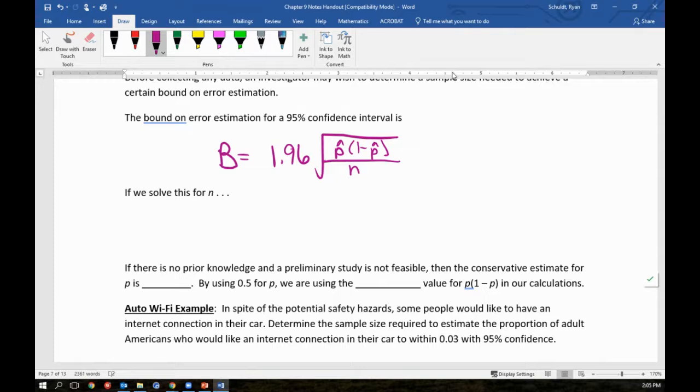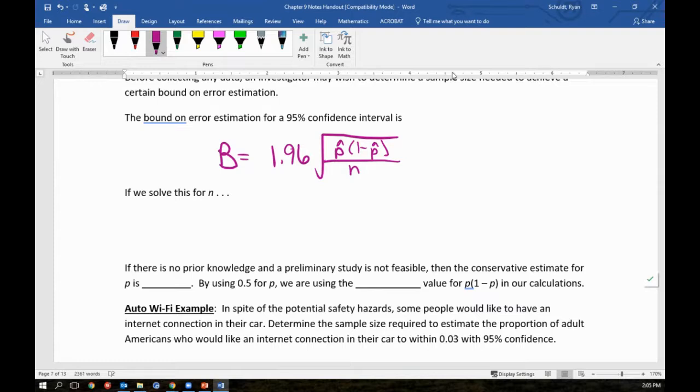Okay. Now, if we solve this for N, remember we're wanting to get sample size here, which is our N. I'm not going to work it out algebraically unless y'all want to go through that process. Y'all want to do some algebra? Okay.